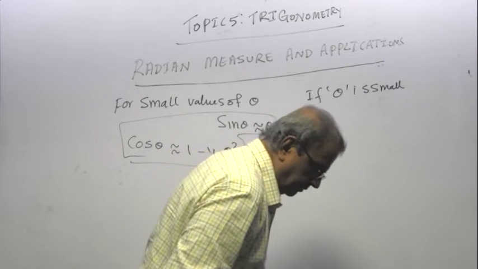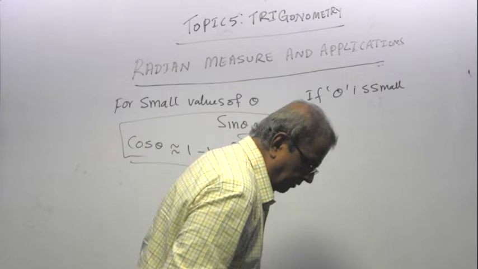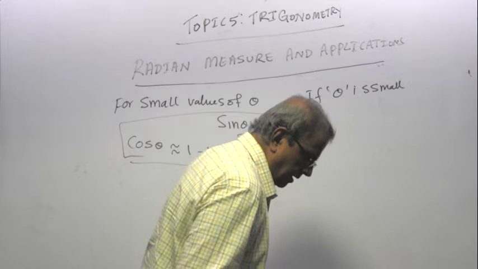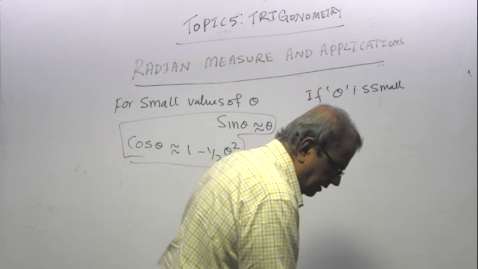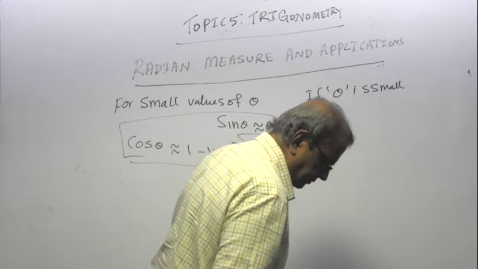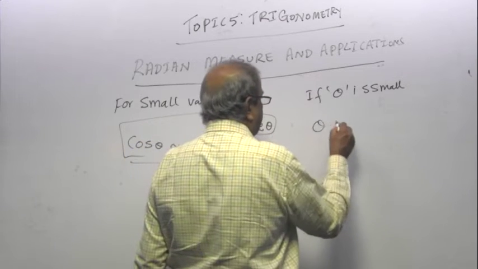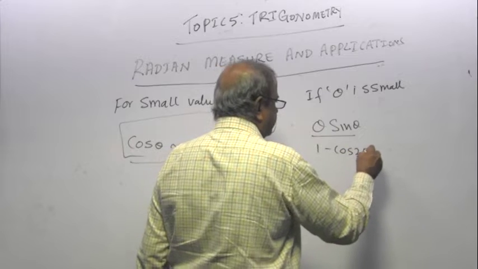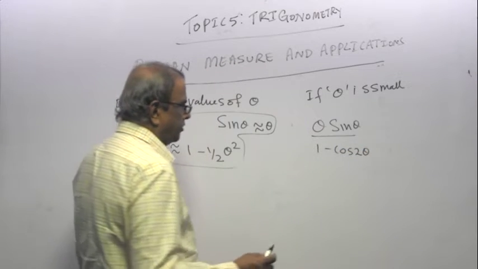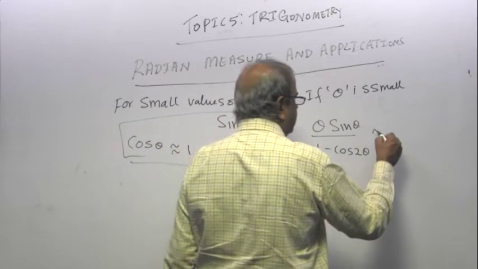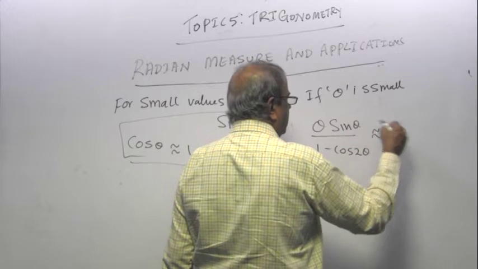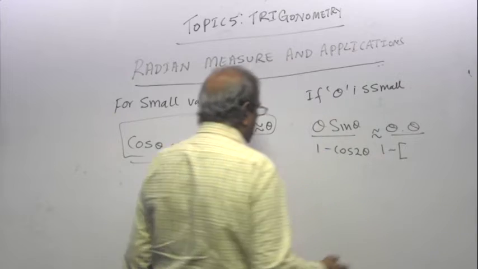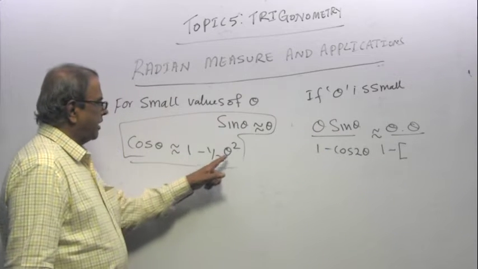If theta is small, find, for example, theta sine theta over 1 minus cos 2 theta. If theta is small, sine theta is theta, over 1 minus, what is cos theta? 1 minus half theta squared.